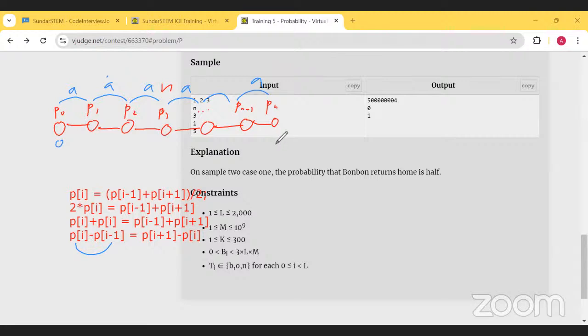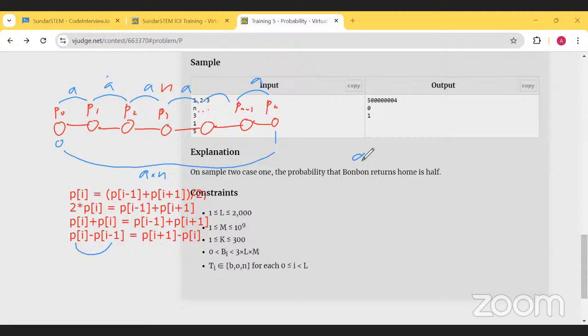How about the last node? The probability is just 1. And because the length is n and each difference is a, we know the total difference is a times n.